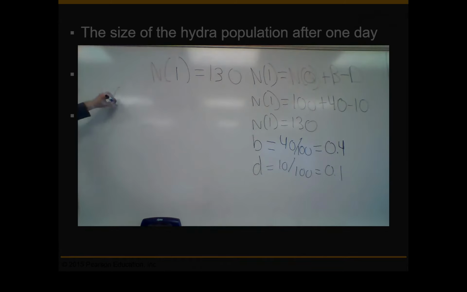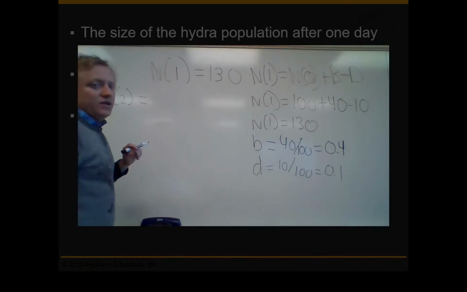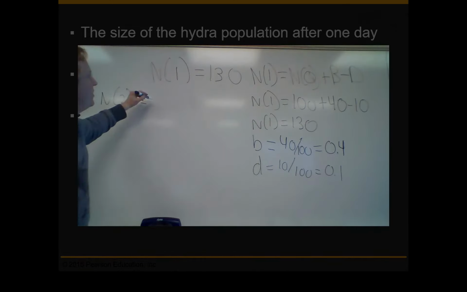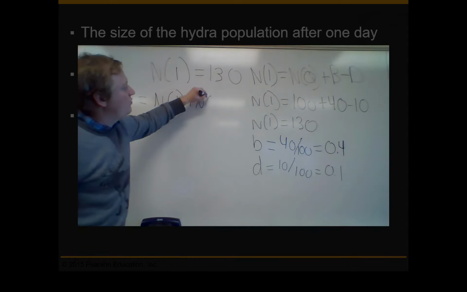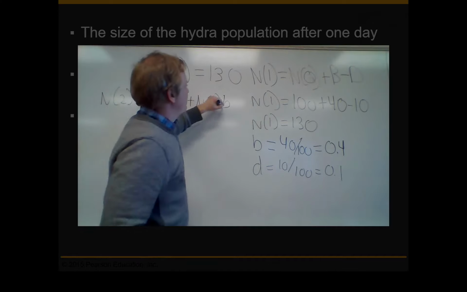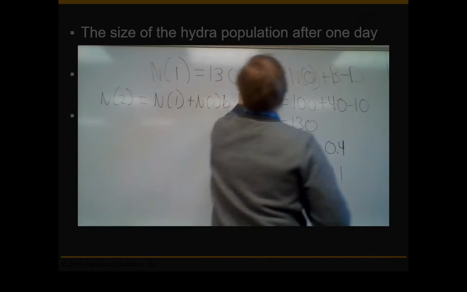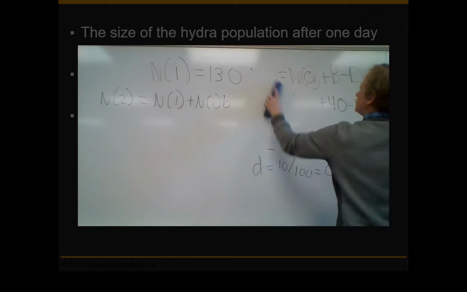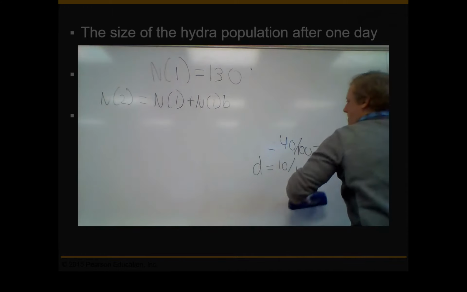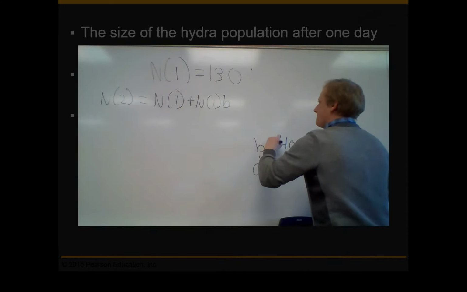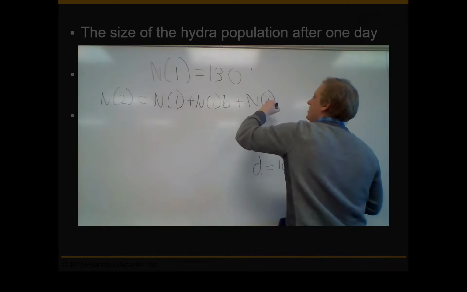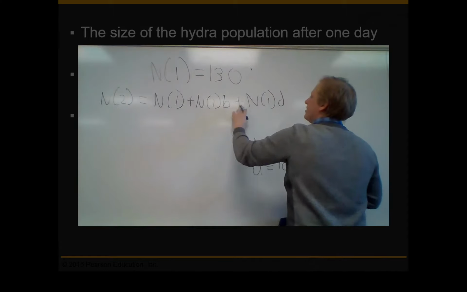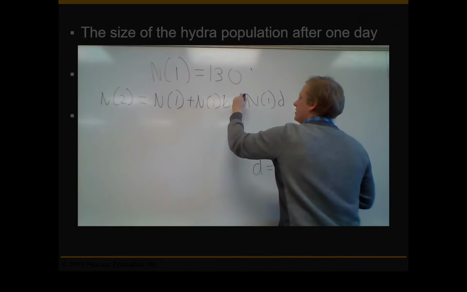So the number at day 2 is equal to the number at day 1 plus the number at day 1 times our birth rate plus the number at day 1 times our death rate. I'm sorry, this should actually be minus.